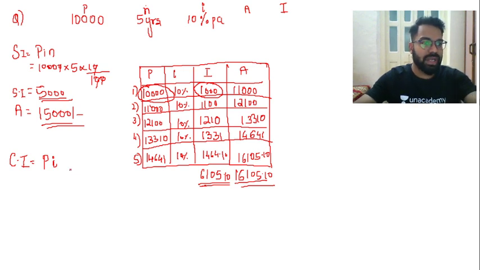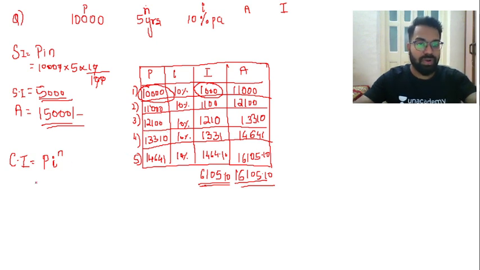The interest is getting multiplied each time. So the formula for compound interest is nothing but this raised to n. Why? Because every time your interest is getting multiplied with itself.